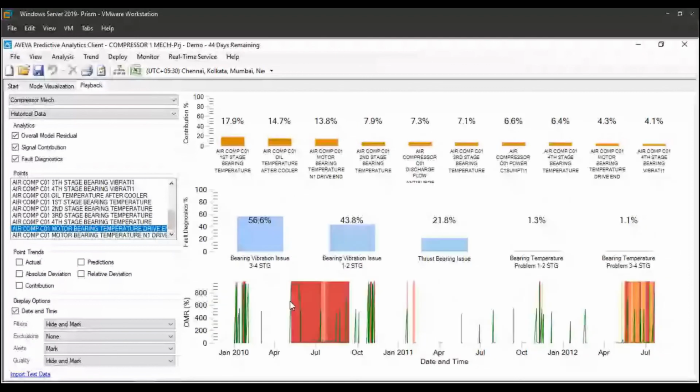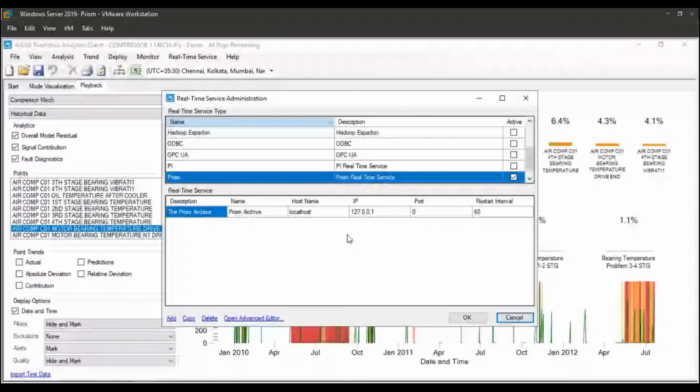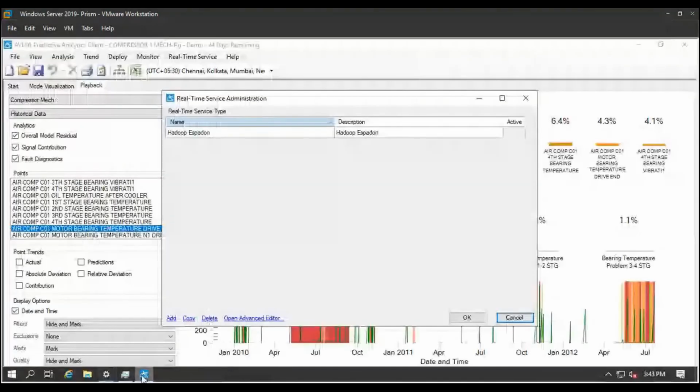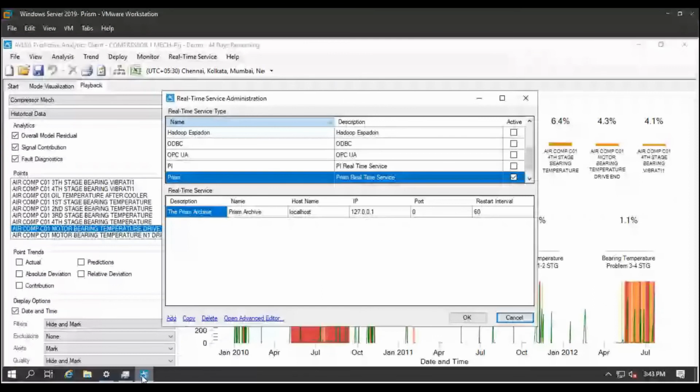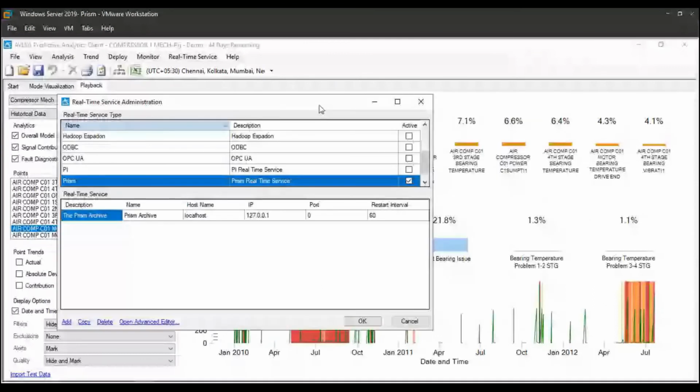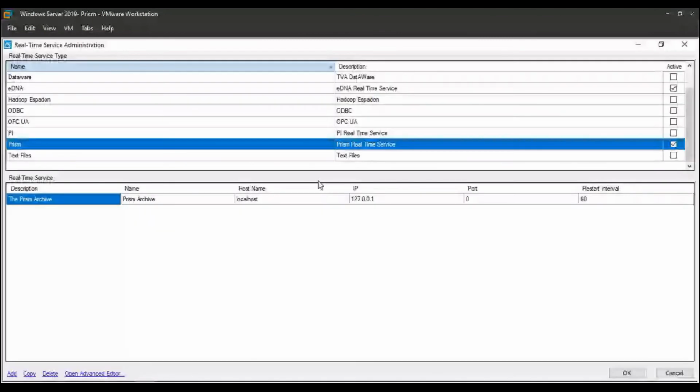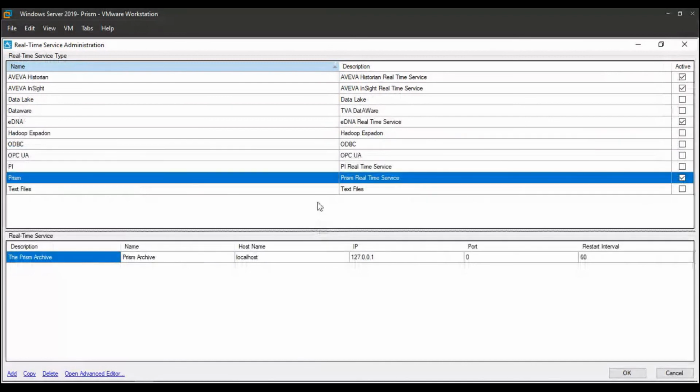Now, the other thing that I want to highlight is the integration with real-time services. What we talked about till now was an analysis of the past data. The software also has the ability to take in data from various real-time sources. As can be seen over here, we can take data over universal protocols such as ODBC and OPC UA, as well as various historians.